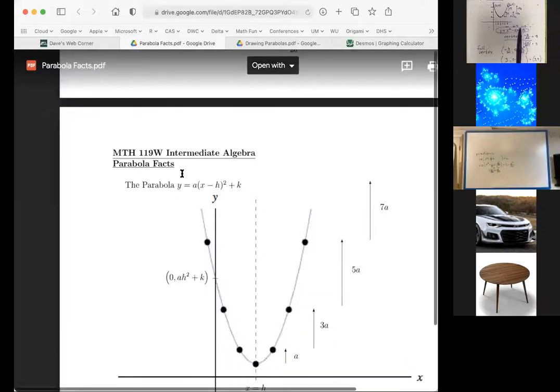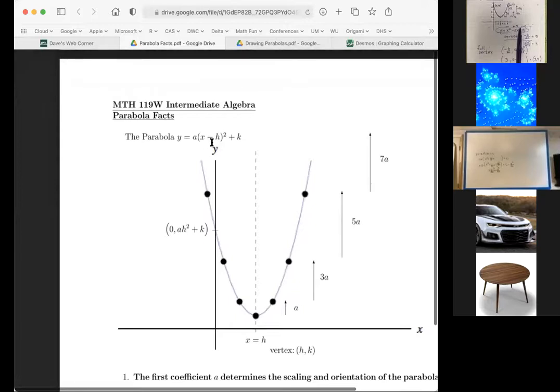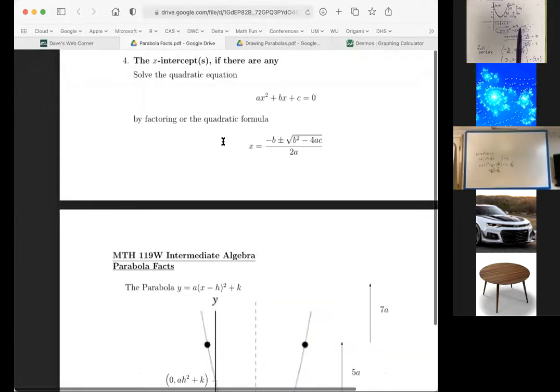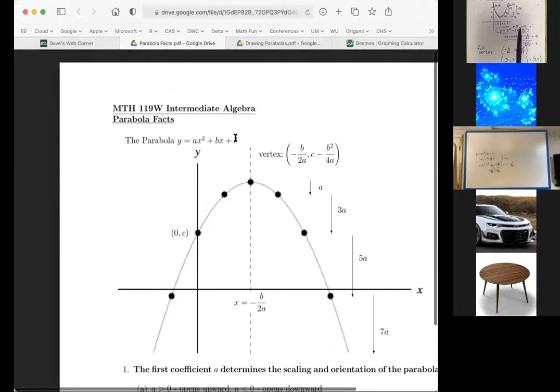Parabola facts: the vertex you read in parabola in vertex form at h and k, but you read in standard form as minus b over 2a, c minus b squared over 4a. That always locates the vertex, and then you just start snapping off points left and right. Free points, sometimes, like the y-intercept of 0 and c.